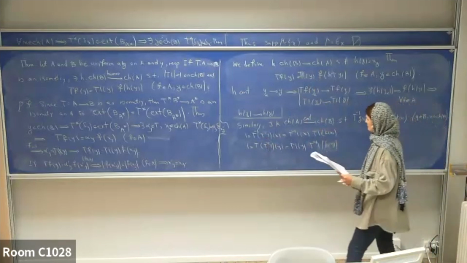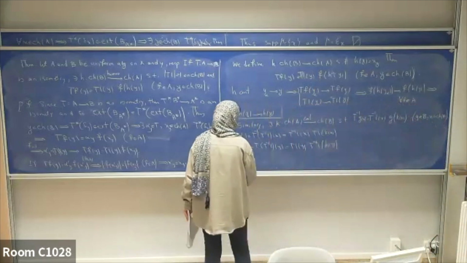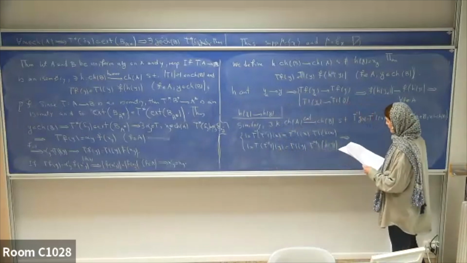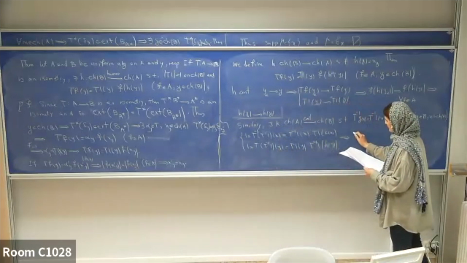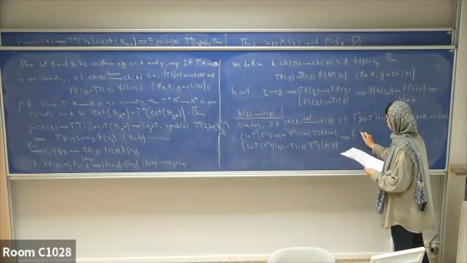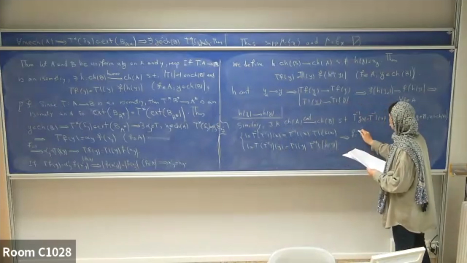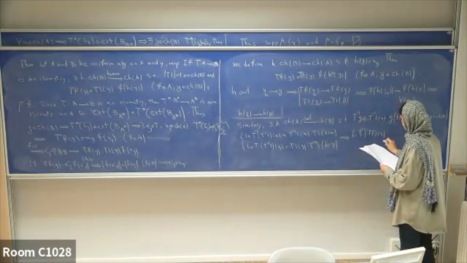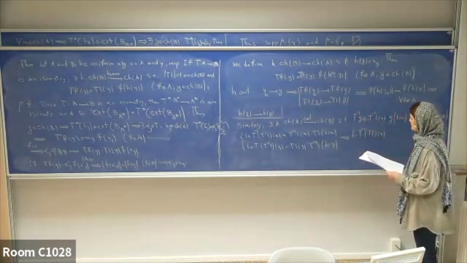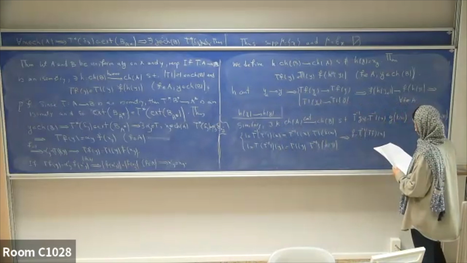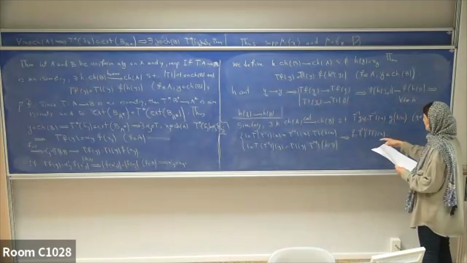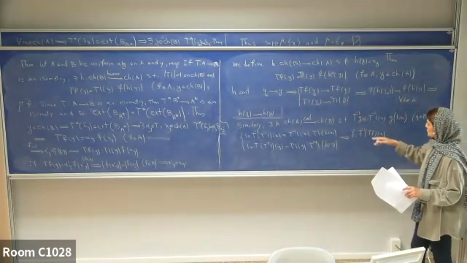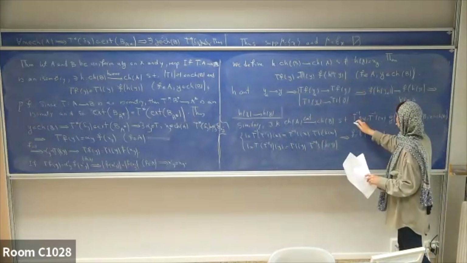And from this, it is easy to see that f can be written like T minus 1 of T f at x. And using this relation, if we continue, it's really easy, just using these two relations.